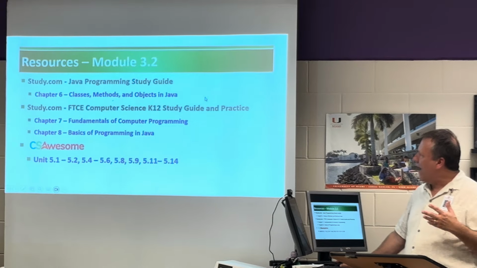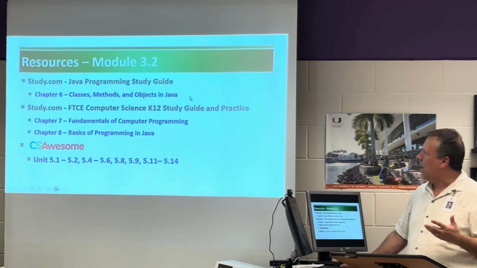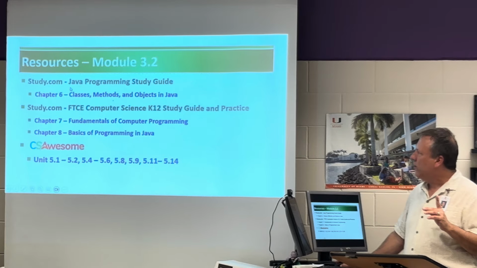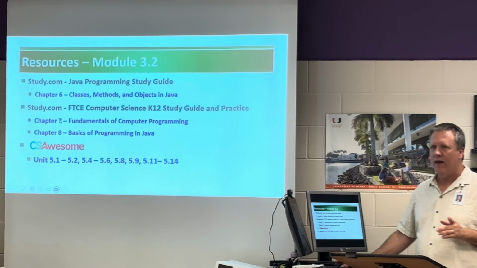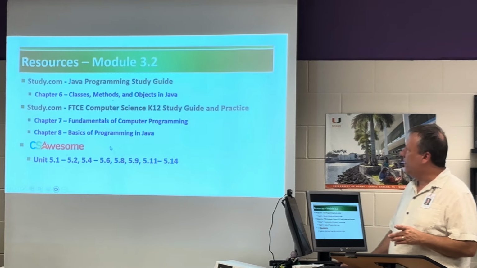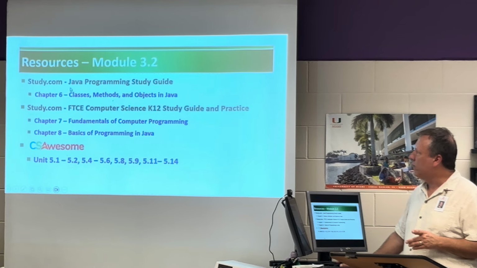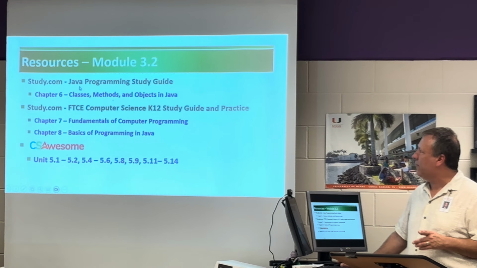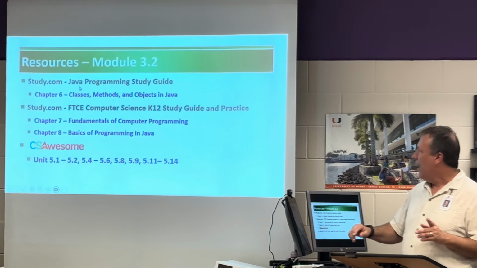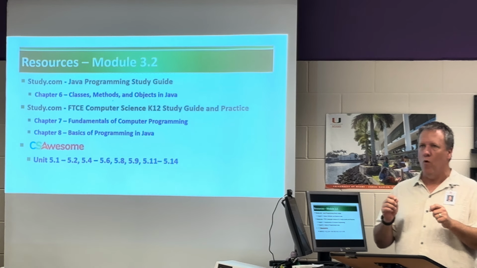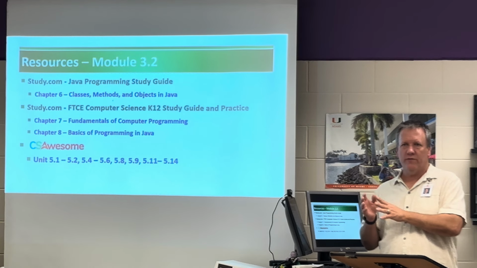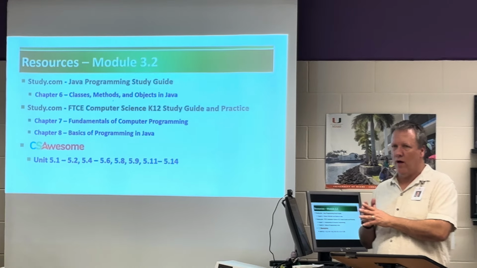To get some backup information on this, there's study.com. Now, there are two chapters in study.com that you should look at. One of them is the FTCE Computer Science K-12 Study Guide, which is great. But there's also a study.com chapter, the Java Programming Study Guide, and that has a lot more CS Awesome-like information as well.